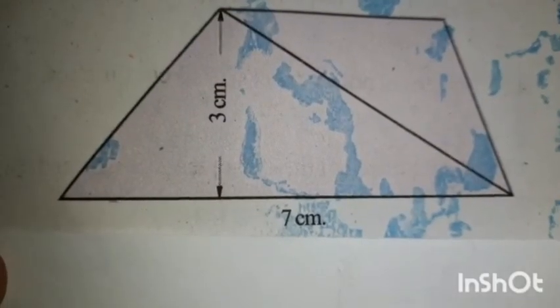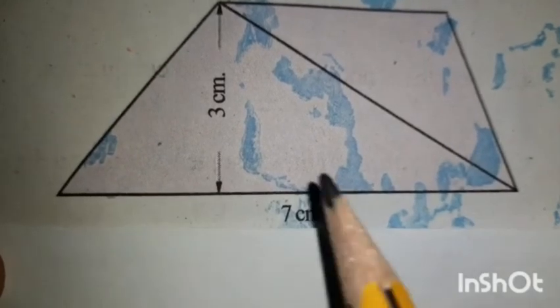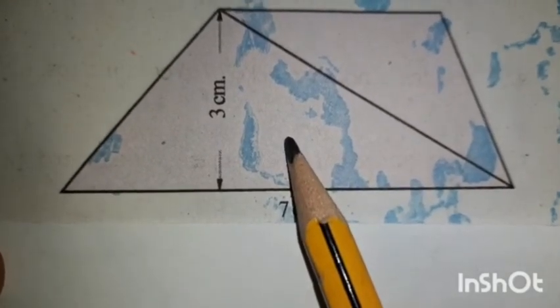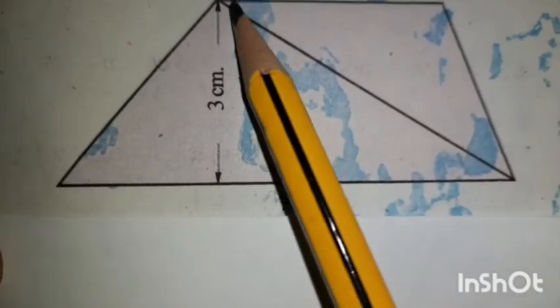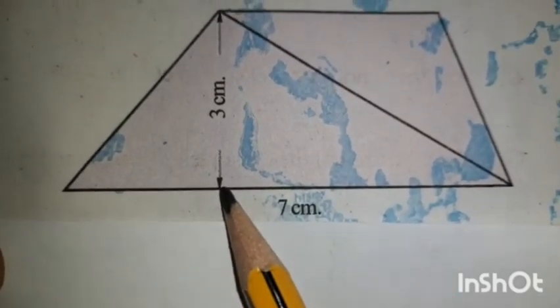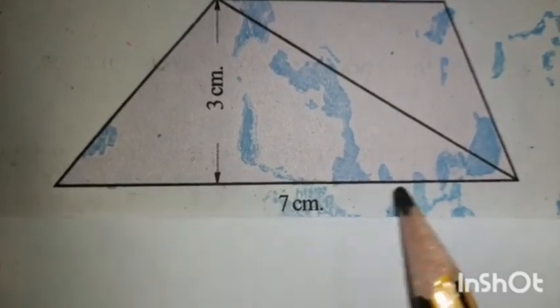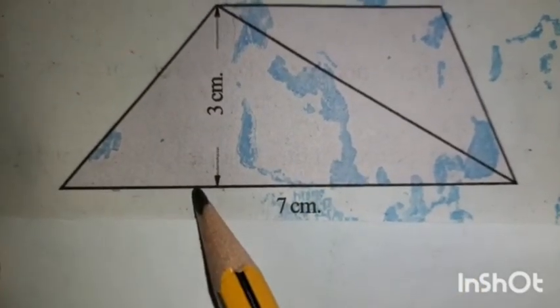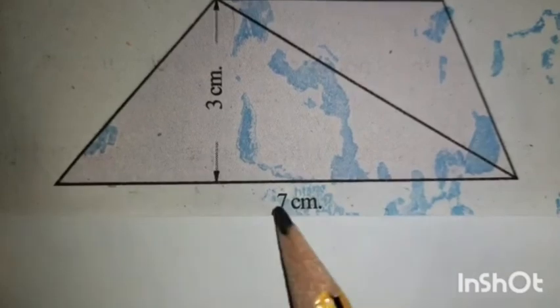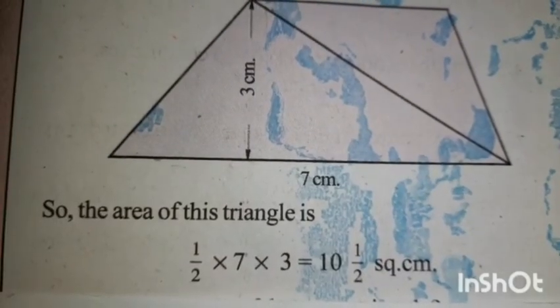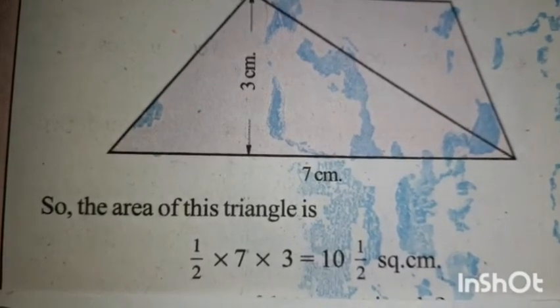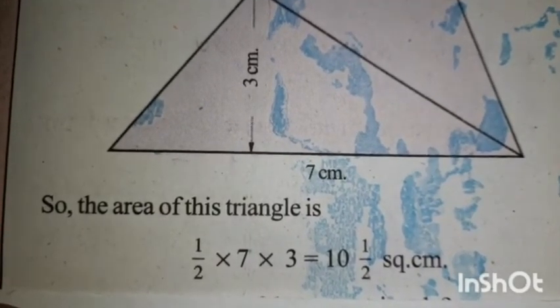To compute the area of the lower triangle, we need the length of the bottom side and the distance to the opposite vertex. So this is 7 and here it is 3. What is the area? Half into 7 into 3. So we are getting the area of that lower triangle as 10.5 square centimeter.